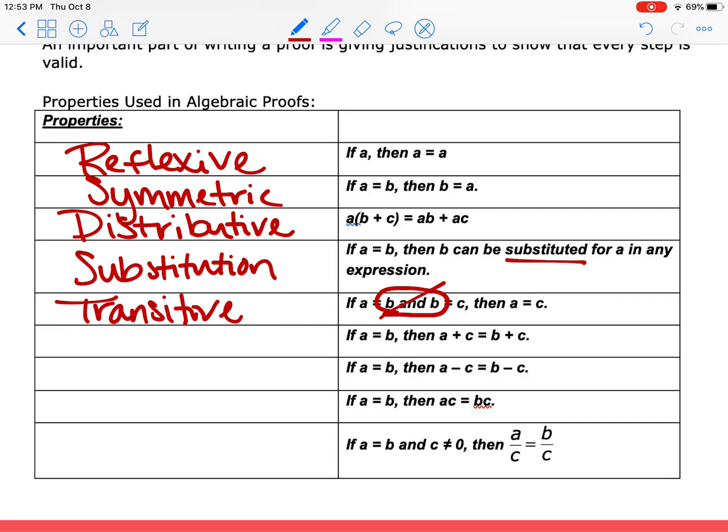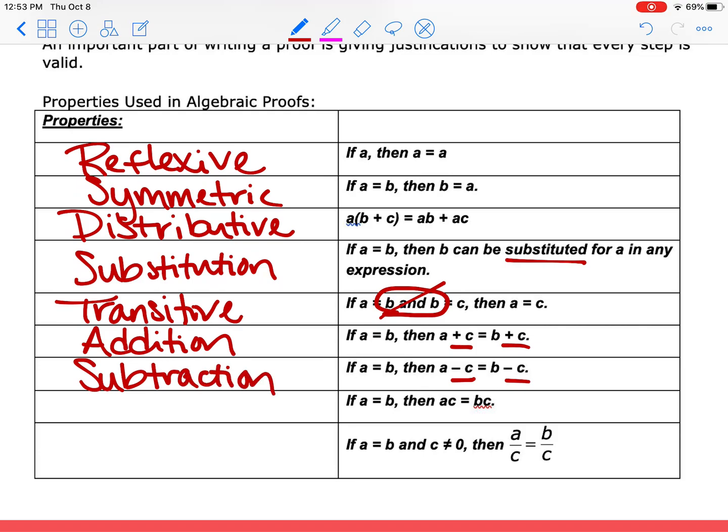Okay, the last 4 you're going to see a lot in your algebraic proofs. We can see in the next one that if A equals B, then we can add C to both sides, and so we see the addition happening on both sides, and so that is your addition property. Notice that C's being added on both sides. That's important to remember. The next one we see C being subtracted on both sides, so that's your subtraction property.